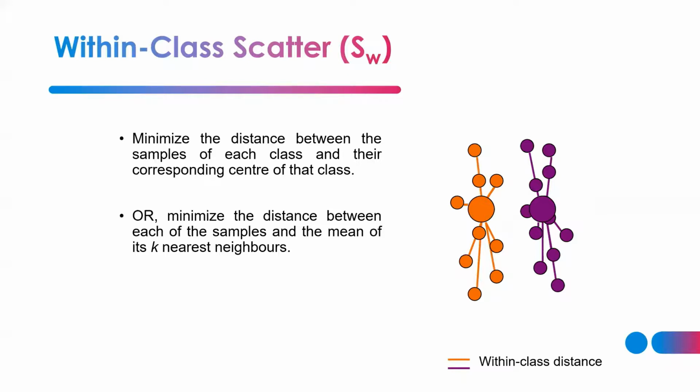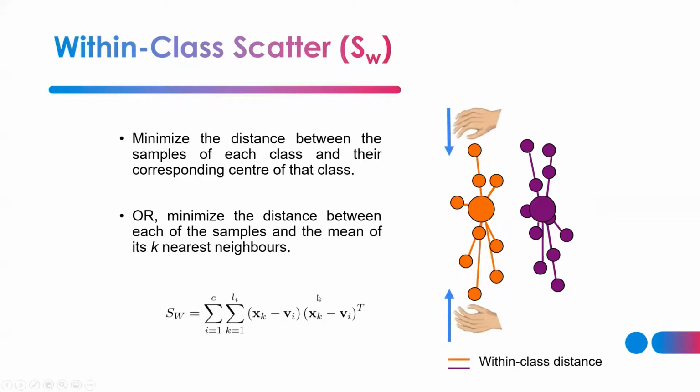Previously we were pushing the two colors away from each other, and now within each of the colors, I'm trying to bring the points closer to their average. If you look at the matrix over here, for each of the classes, I'm calculating the distances between the samples and their corresponding average: between the orange samples and the big orange circle, and between the purple samples and the big purple circle over here.